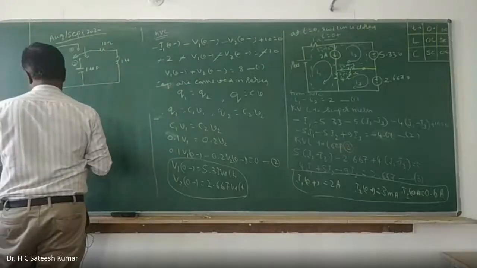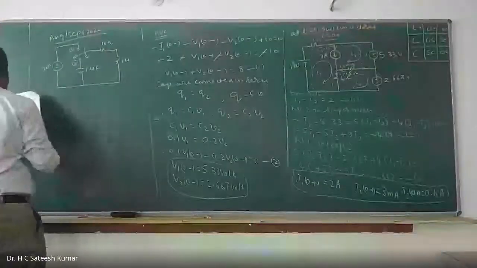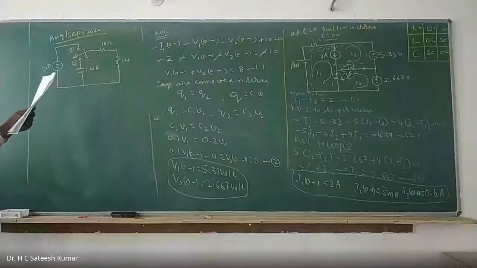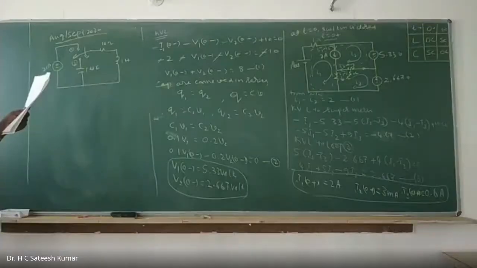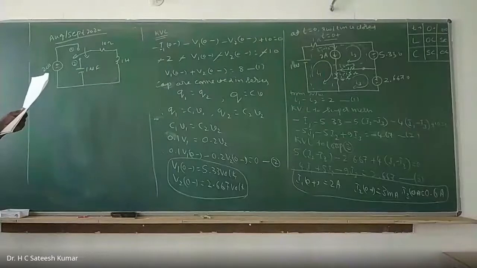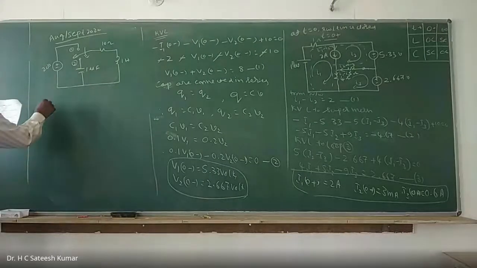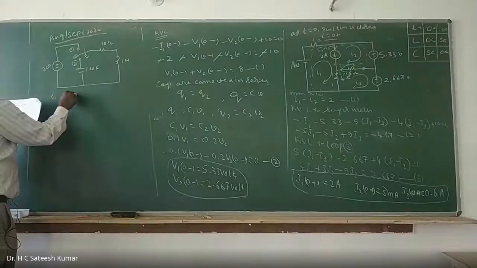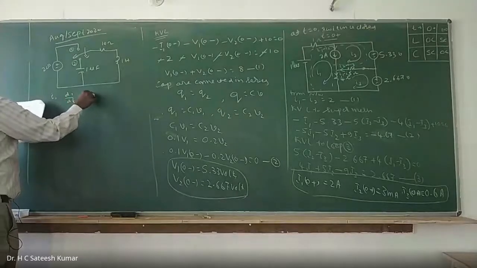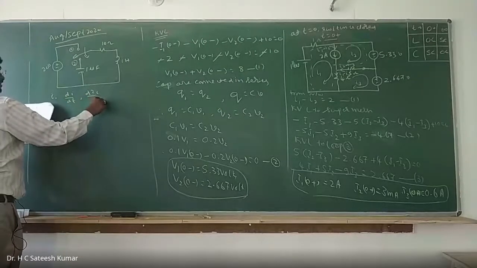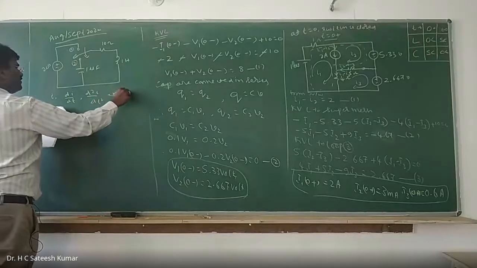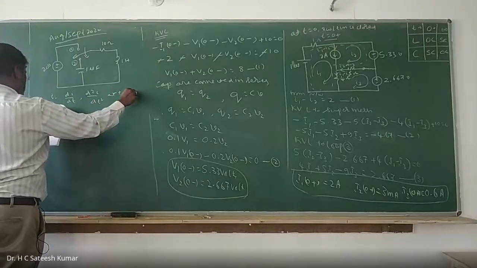Find out, for the circuit shown in the figure, switch K is changed from position 1 to position 2 at t equals 0, steady state having been reached at position 1. Find the values of I, di by dt and d squared I by dt squared at t equals 0 plus.